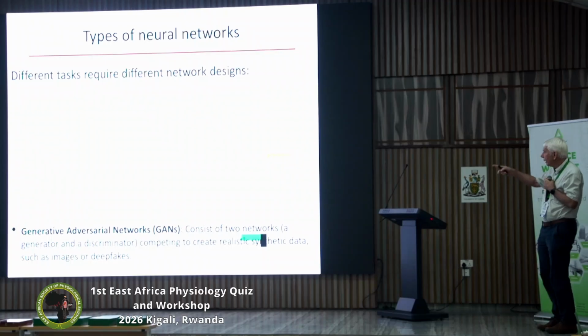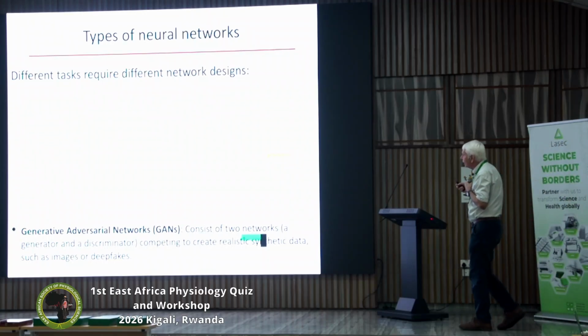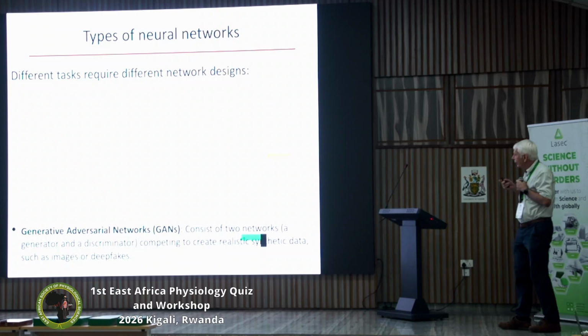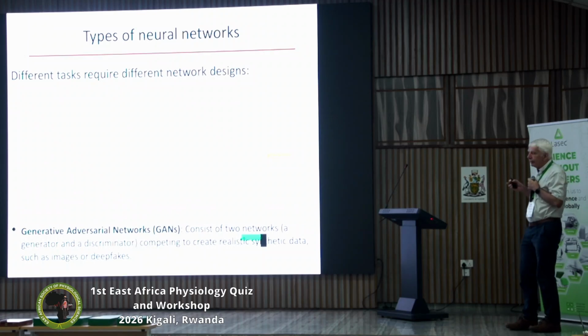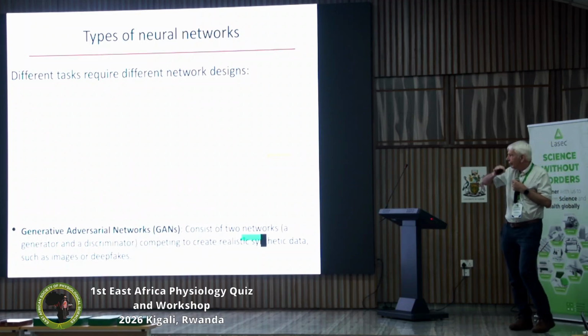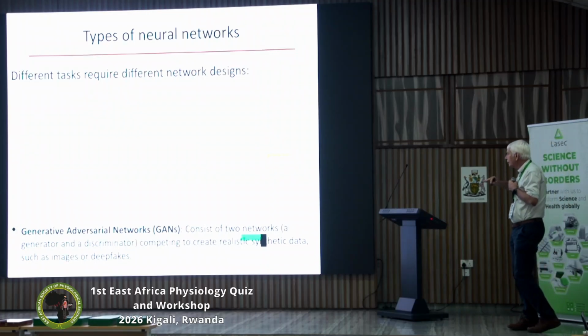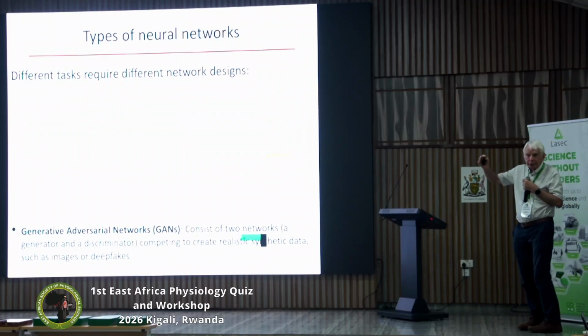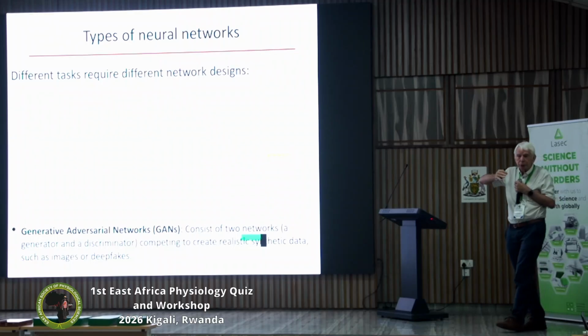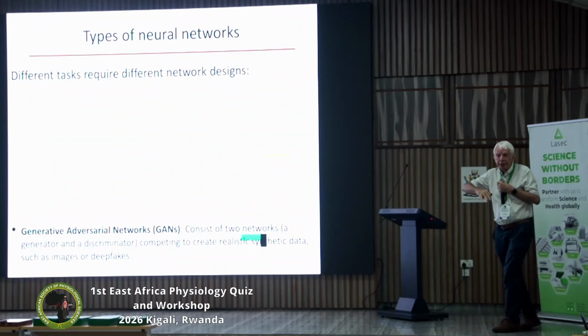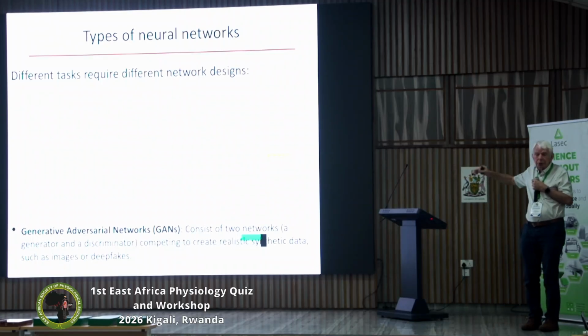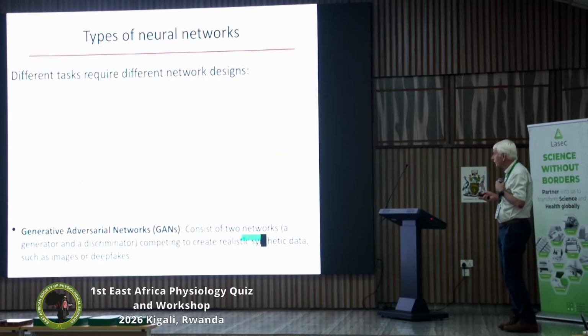The final ones are the generative adversarial networks, a complicated term. It's a network which has a generator and a discriminator, and it works like neuronal networks which facilitate or inhibit the signal transmission in the brain.